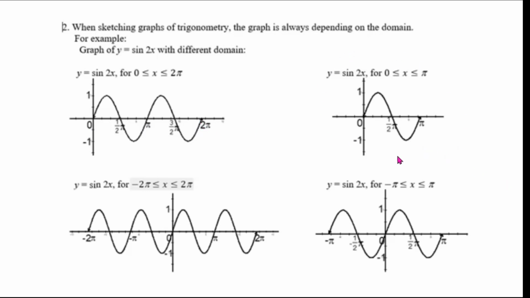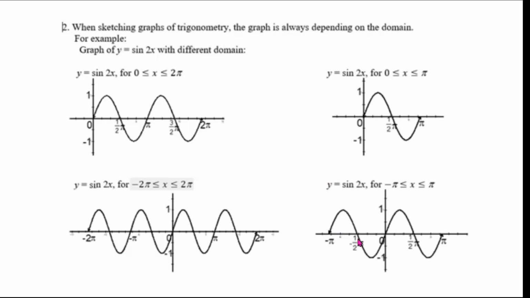The second diagram shows that the domain has been changed to 0 to pi. So when the domain changes to 0 to pi, we only take the part of the curve which is in the interval. When the domain changes to negative 2 pi up to 2 pi, besides the positive 2 pi on the right hand side, we need to add in another 2 pi on the left hand side as the negative values.